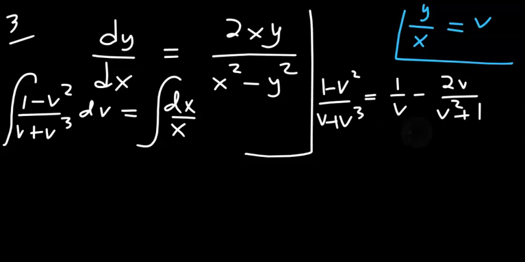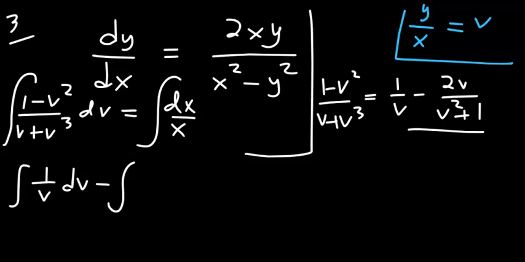So putting this result in here, the left-hand side integral will become the integral of 1 over v dv minus the integral of 2v over v squared plus 1 dv.